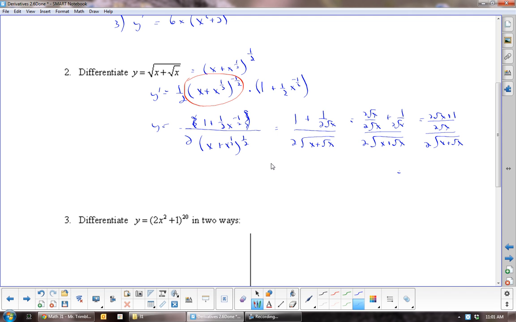So this would be 2 root x plus 1 over 2 root x, and then I'm going to go times 1 over 2 root x plus root x. So I took division and turned it into multiplication by the reciprocal.